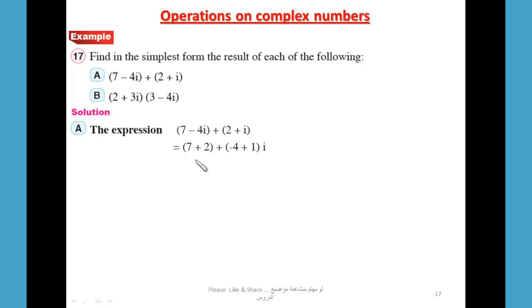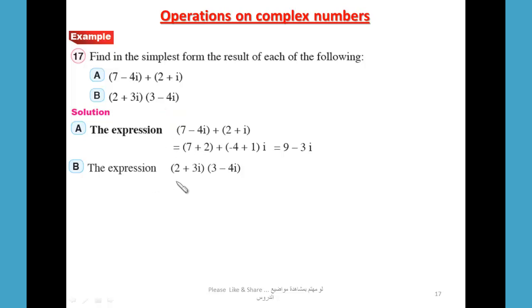And 7 plus 2 equals 9, and negative 4 plus 1 equals negative 3i. So the sum of these two complex numbers is the complex number 9 minus 3i.